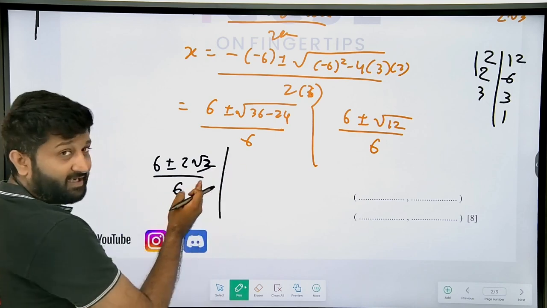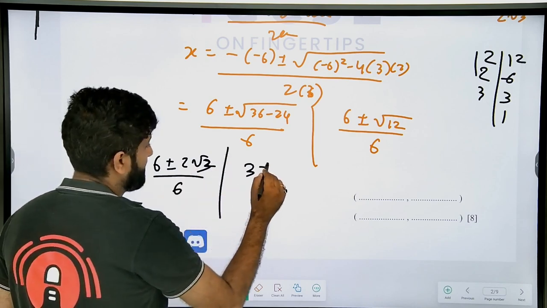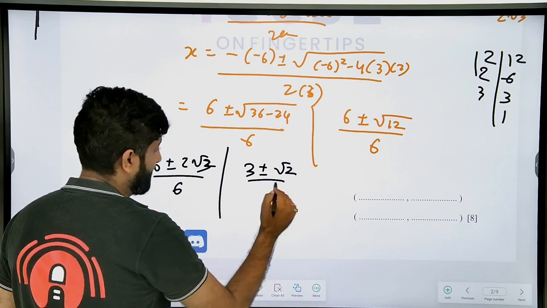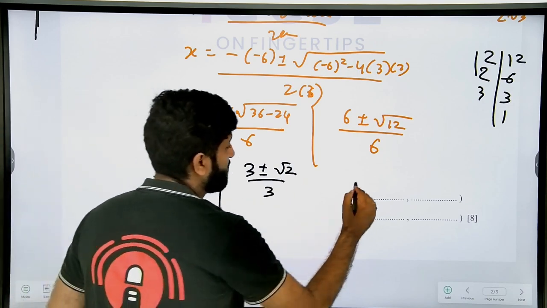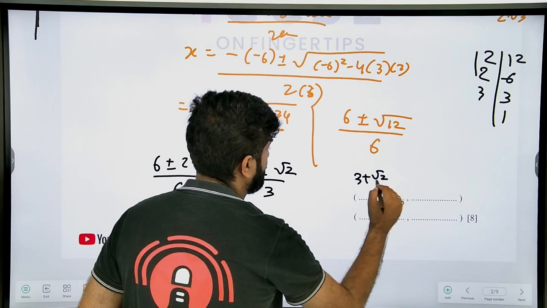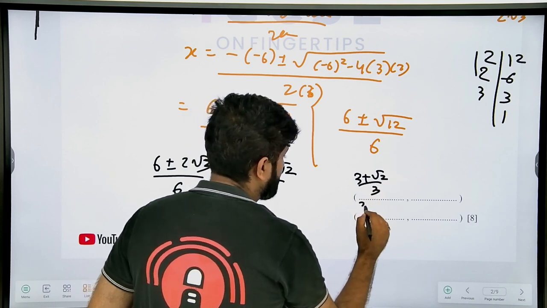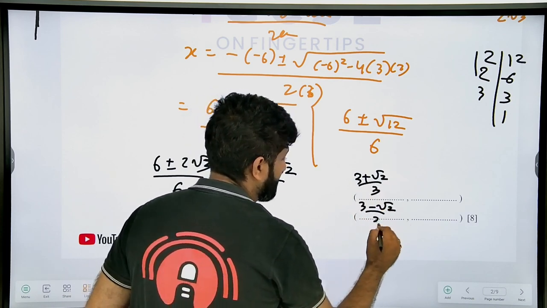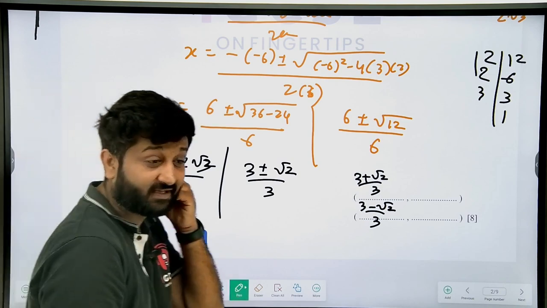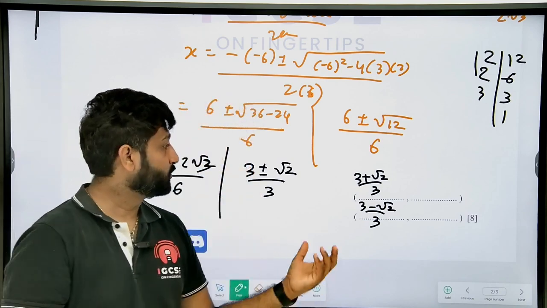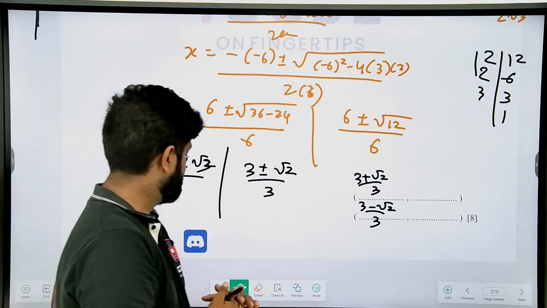Or if I take 2 common, I have 3 plus minus root 3 by 3. So one value of x is 3 plus root 3 by 3 and the other value is 3 minus root 3 by 3.